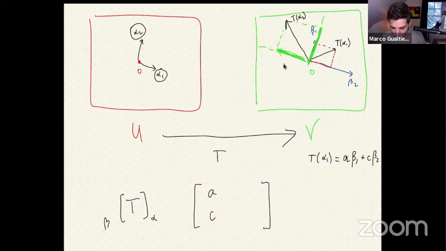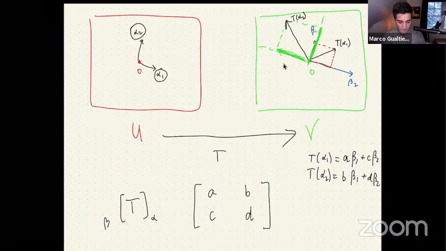Let me call those B and D. Let me write it as an equation: T of alpha 2 is some constant times beta 1 plus some constant times beta 2. And those constants, whatever they are, and they depend on T, are going to go in the matrix as the second column, because that's what happens to the second basis vector: B and D.